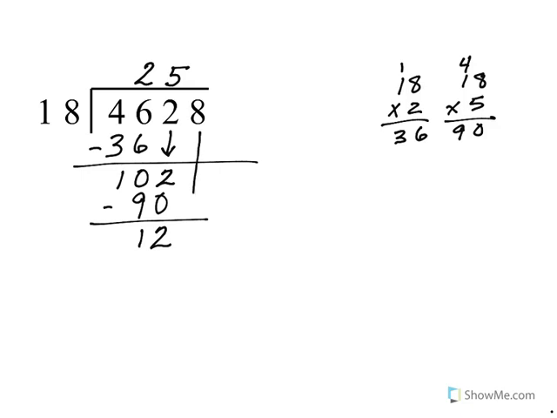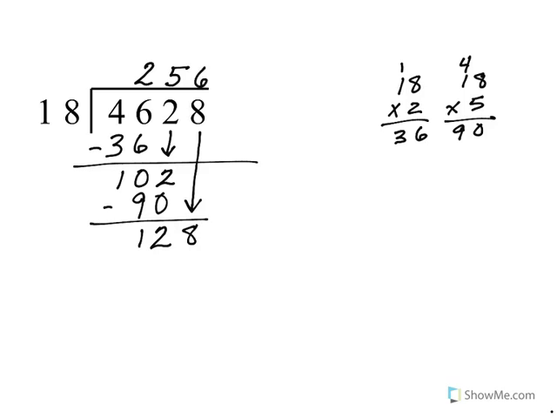And now it's time for me to bring my 8 down. Now, here again, I'm going to think 20 dividing into 128. I know it went into 100 5 times, so I'm going to guess that it's going to go into 128 6 times.